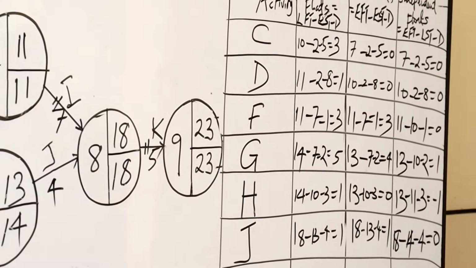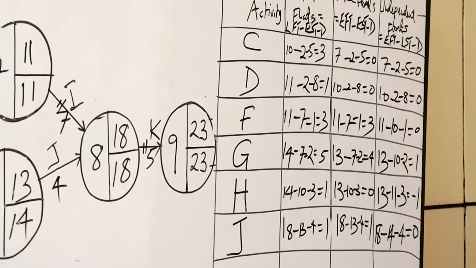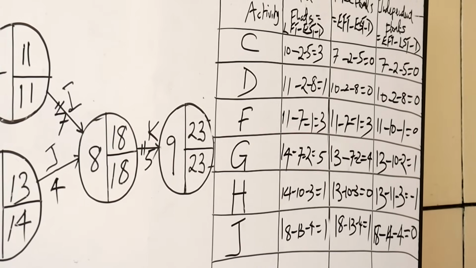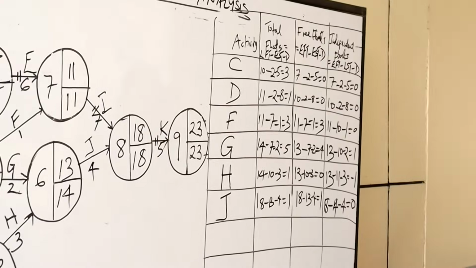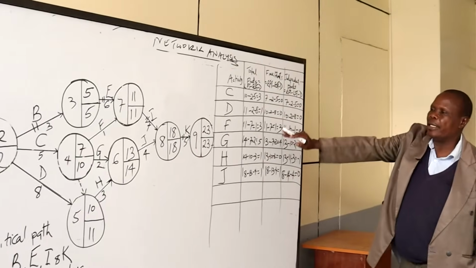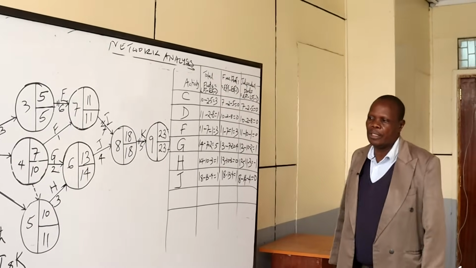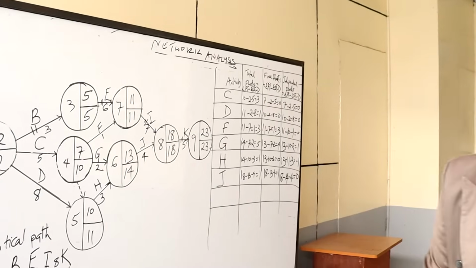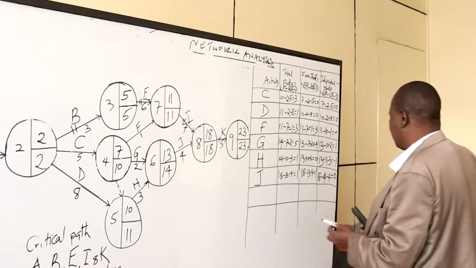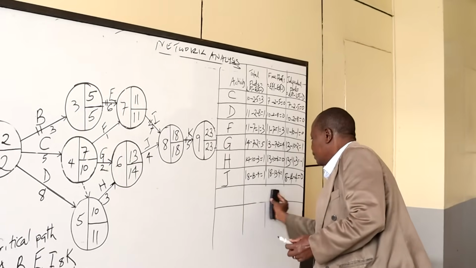That is the independent float for activity J. These are how to calculate the floats, and therefore that question is completely answered.